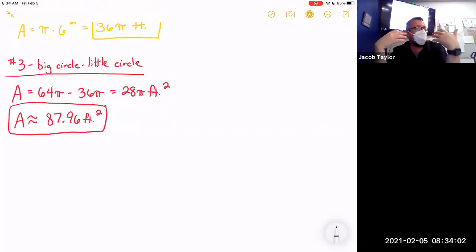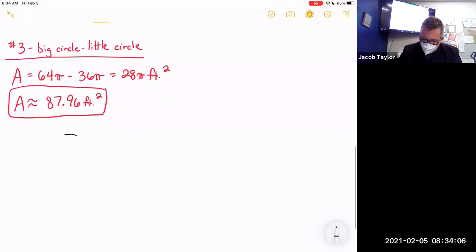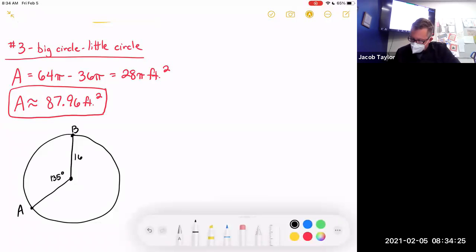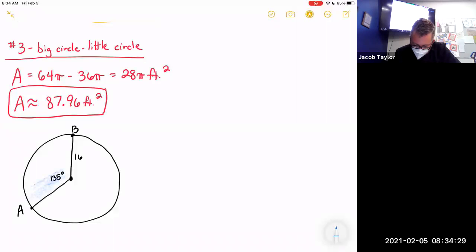However, a sector is a little bit easier than what we just did, because instead of having to figure out 2 circles and then subtract them, if we want to figure out the area of a sector, we have a pretty simple formula that will allow us to just go straight to the area. So this sector that we're going to find here is the sector that has a central angle of 135 degrees.